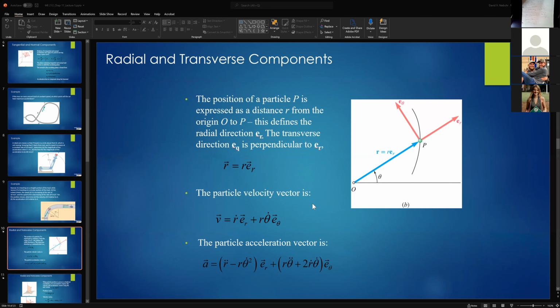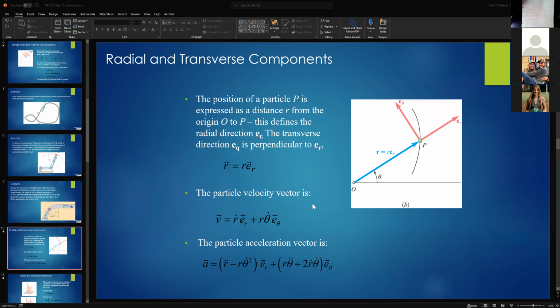So within this, there is a derivation for these two equations, and I don't expect you to derive them. They're not that hard to derive, but I don't see the advantage to doing it. But you do know that if you're going to describe velocity with polar coordinates, you have essentially the time derivative of r times its unit vector plus r times the time derivative of theta times its unit vector, and then acceleration is similar.